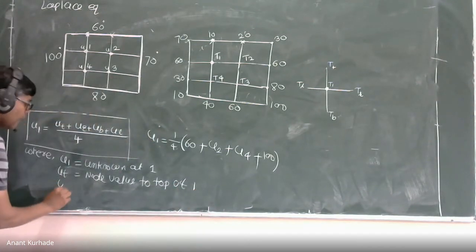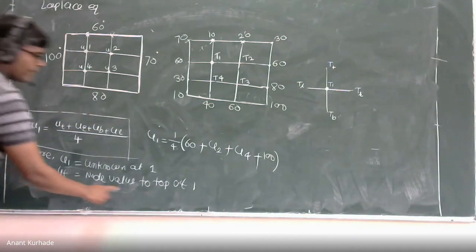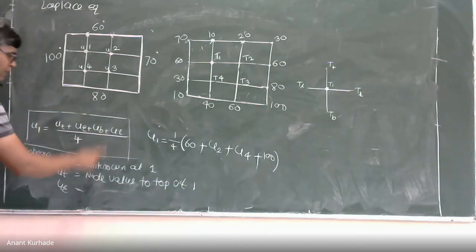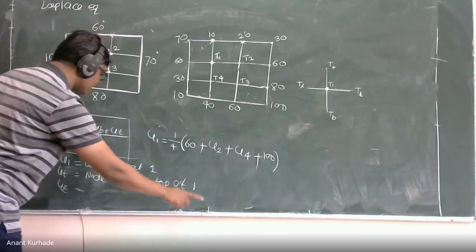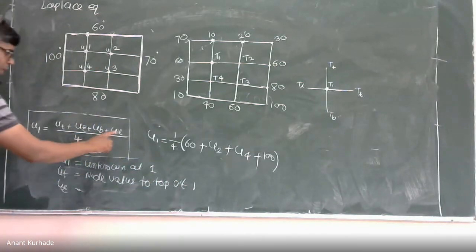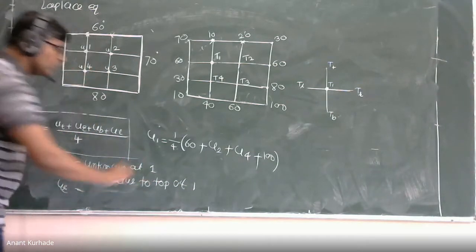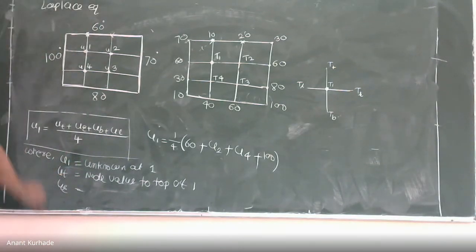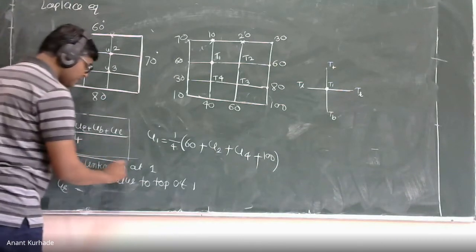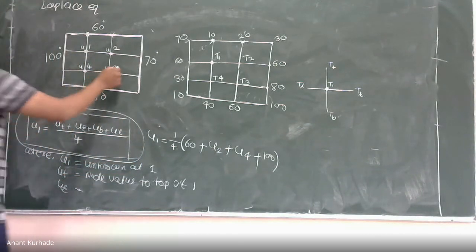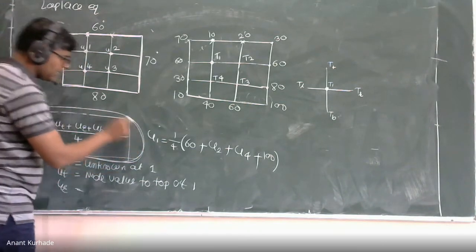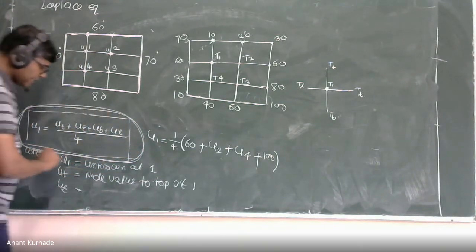Next, UR, node value to the right of 1. Next, UB, node value to the bottom of 1. And UL, node value to the left side of 1. So please remember this one. Whenever you have this question, write this formula at once only; it is not required to write at each and every step.